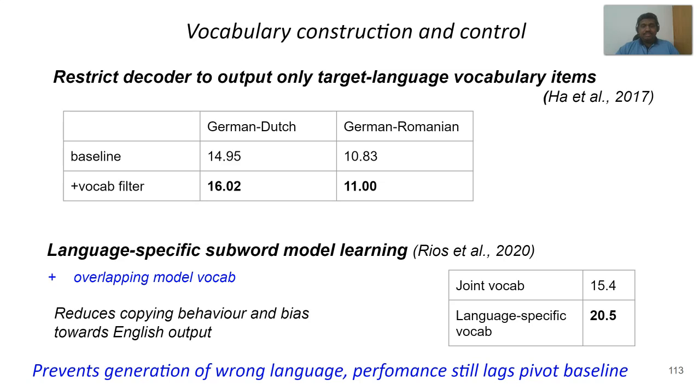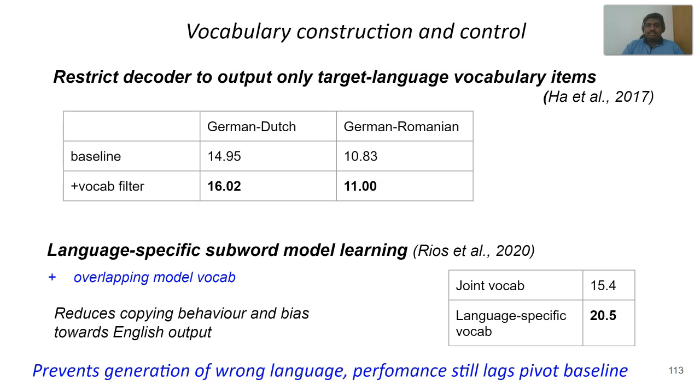The other approach is to tackle the problem of vocabulary capacity. Typically these models are trained jointly across multiple languages with the vocabulary being jointly learned using subword segmentation methods like BPE. In this case, some languages may get an unfair representation of the vocabulary space, and since English is always involved, the English vocabulary might be very large.